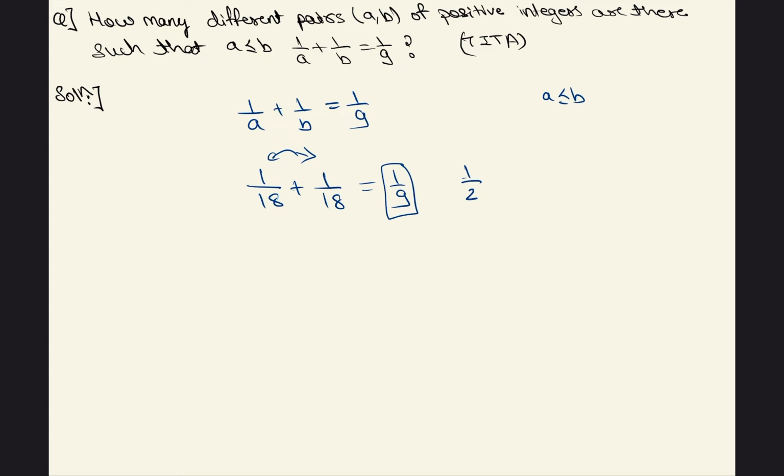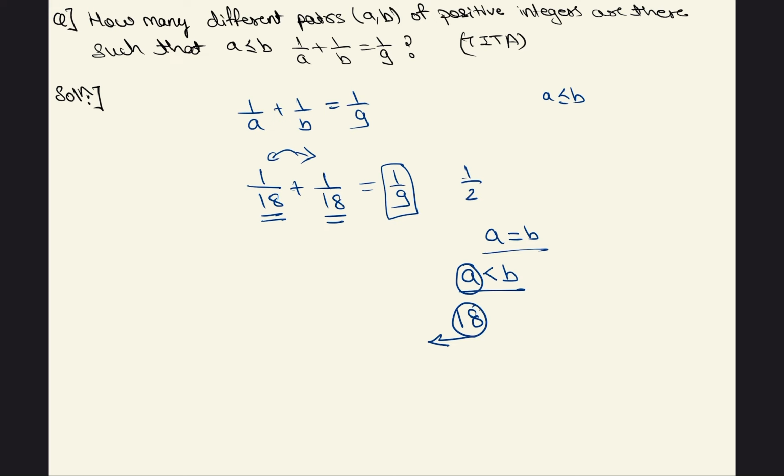So if both of them are allowed to be equal, then if a has to be less than or equal to b, a will essentially have to be at most 18, because the maximum value that a can take is 18.